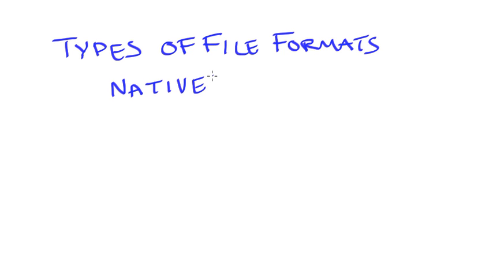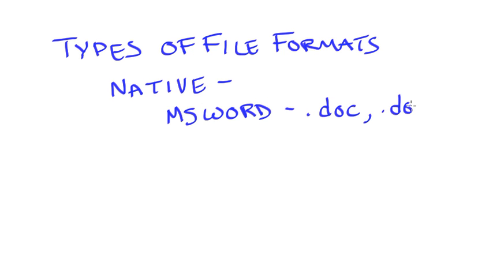For example, when you create a document in Microsoft Word, they are oftentimes saved as .docs or .docx. Those are the native file formats for Microsoft Word. Now, that doesn't mean other applications can't save in those file formats, but the .doc and .docx are native to Microsoft Word.